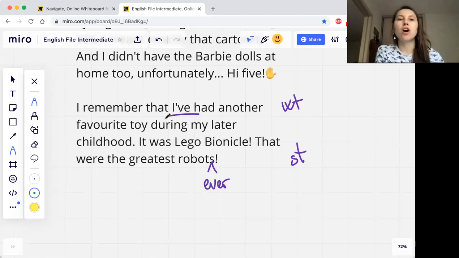You cannot be a child for the second time, all right? Compare it. For example, when I was a child, I went to Moscow. So I was 5 when I went to Moscow, then I was 15 when I went to Moscow, I was 20 when I went to Moscow.